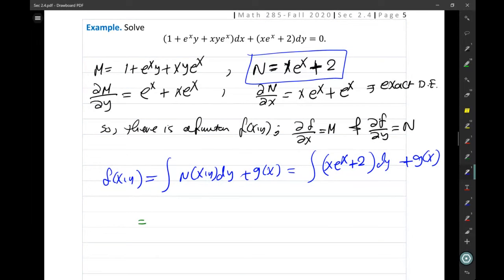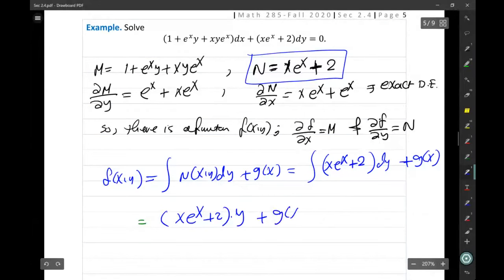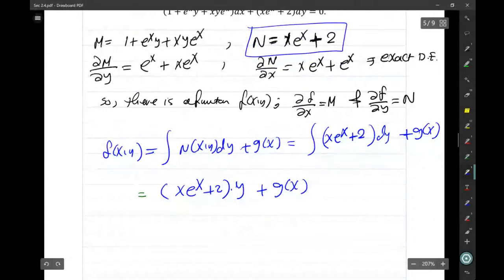All of them are a constant, so the integral becomes x ex plus 2 times y plus the function g of x.